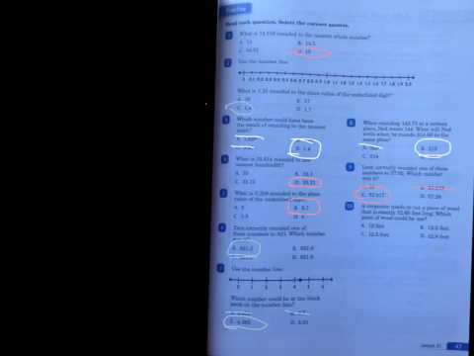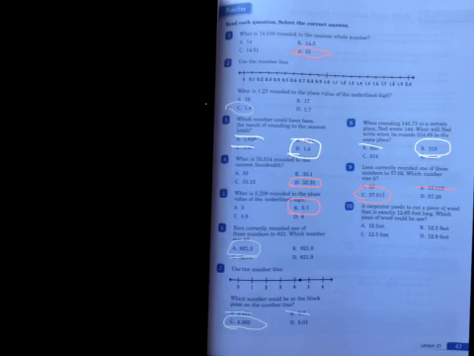Number 10. A carpenter needs to cut a piece of wood that is exactly 12.65 feet long. Which piece of wood could he use? Let's look at A. So A says 12 feet.